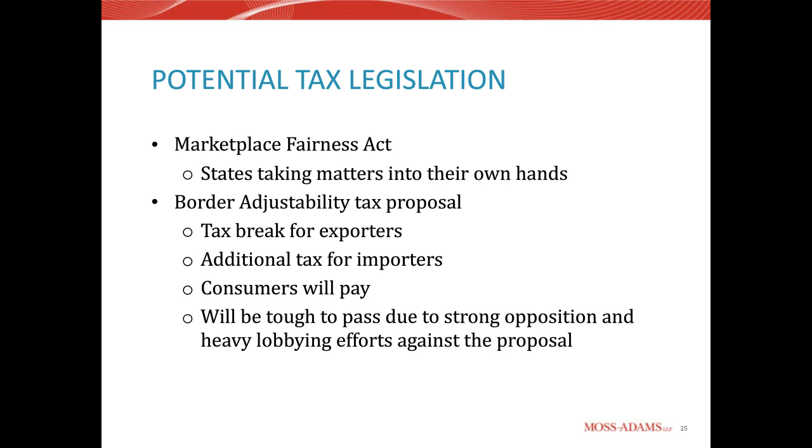The second tax proposal that's out there, you've heard a lot about, is the border adjustability tax. Basically, for any imported goods, you will not get a deduction for the cost of goods sold, so for the cost of the product, and you'll pay tax on basically the net income excluding the cost of the product. It's basically a tax break for exporters and an additional tax for importers.